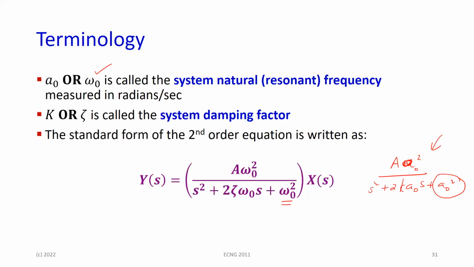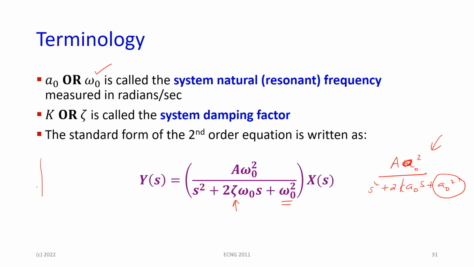And then k, they give a special letter. This is the Greek letter zeta, and they call this the system damping factor. Damping, you remember from the shock absorber system that you use in second order systems. If the damping factor is large, the system doesn't oscillate.